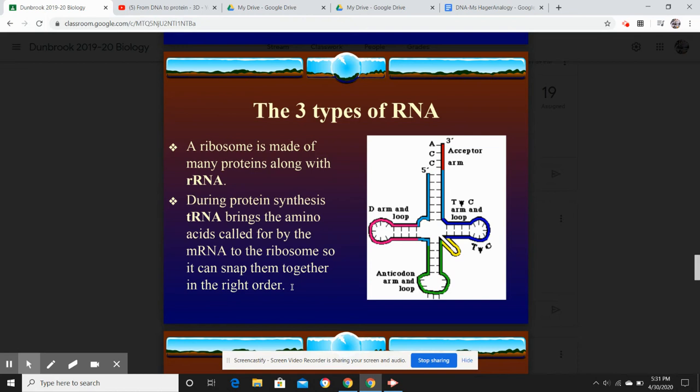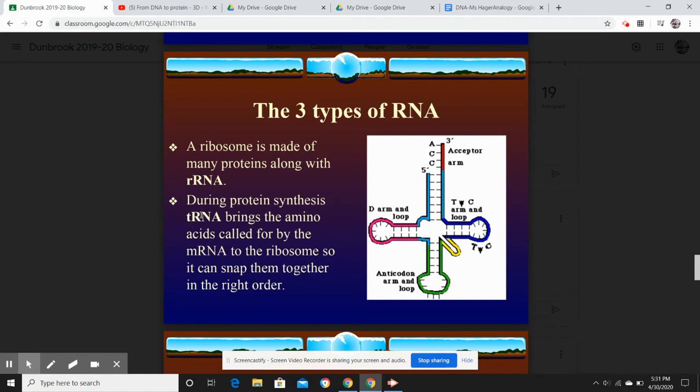So let's say it this way. Let's say the office page brings the correct student down to the library so that they can be assembled in the correct spot. Again, the office page, transfer RNA, brings the correct student, the amino acid, to build that protein down in the library, which is like the ribosome. And of course, where did the office page get its information?